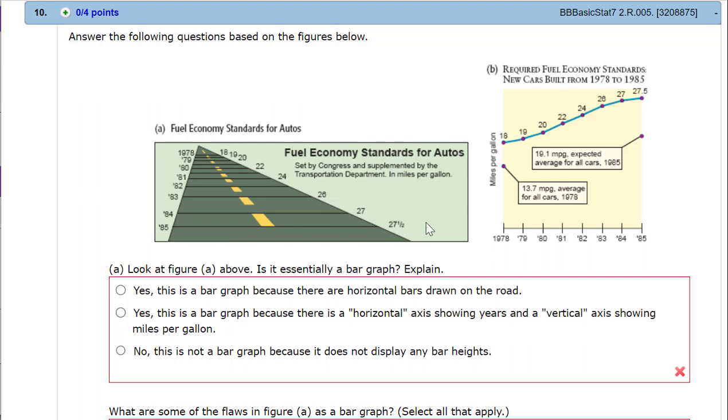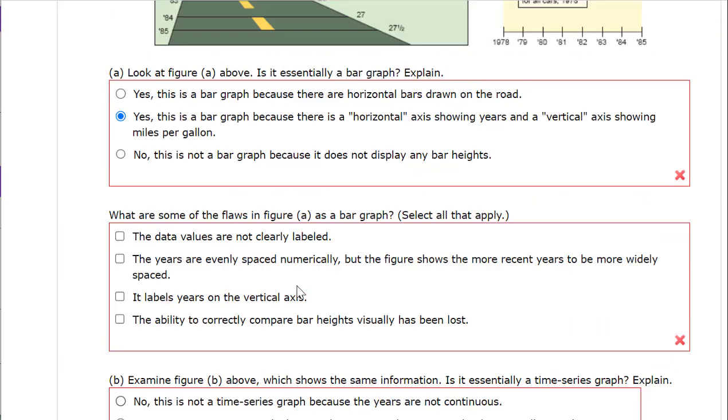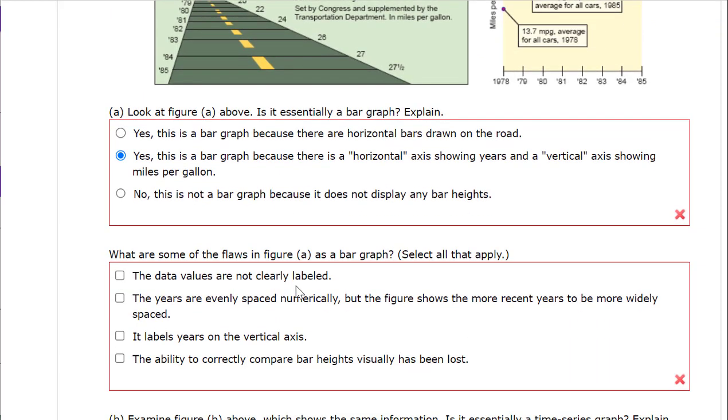You can see how many years are here, and then you have how many miles per gallon as the years go by. So we're going to say yes there. And then the question is, but this is a bit flawed. What's the problem with it? The years are evenly spaced numerically, but the problem is, so 82 to 83, you see how 83 to 84 seems wider?